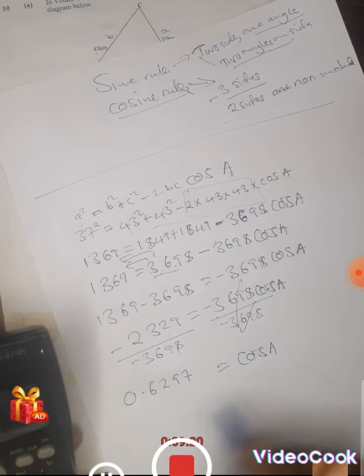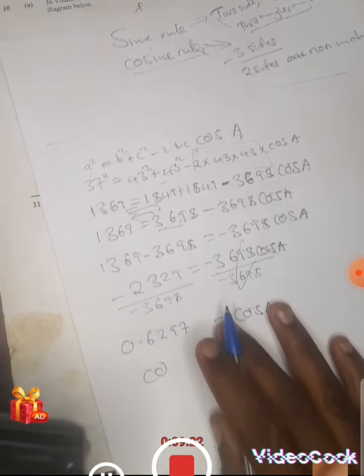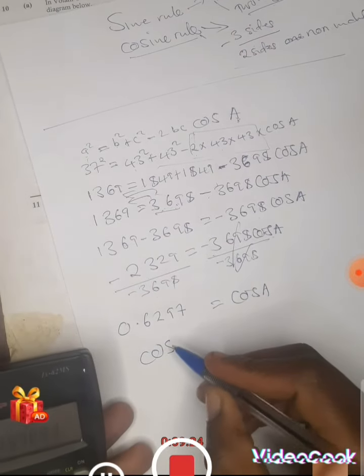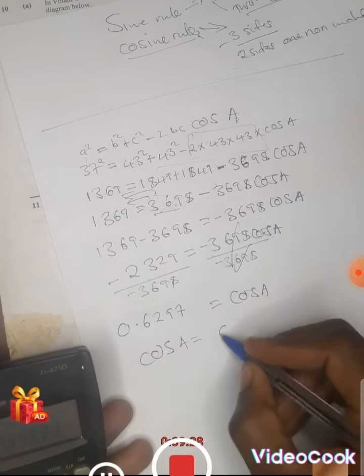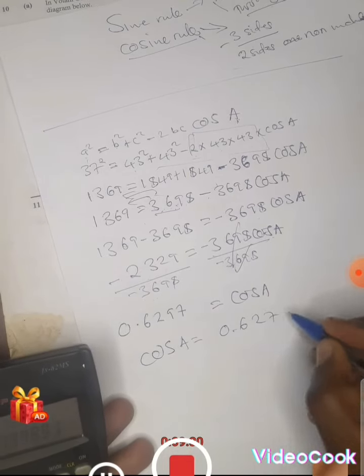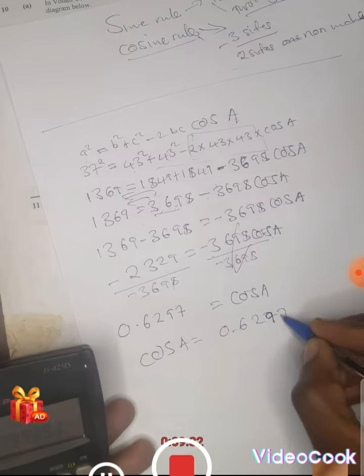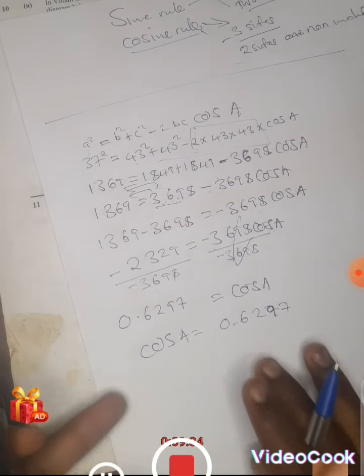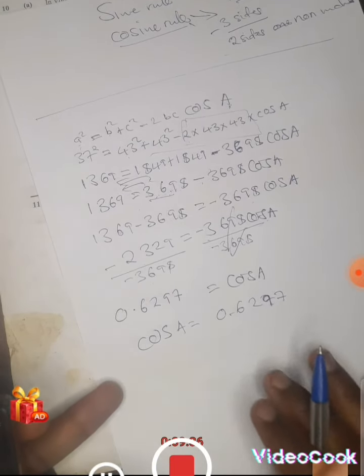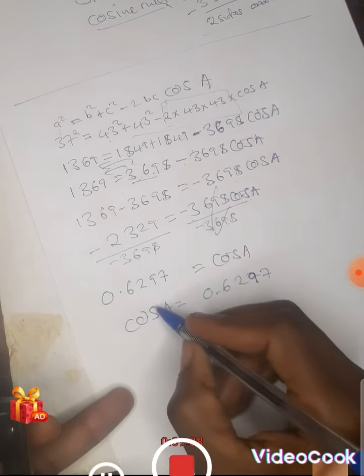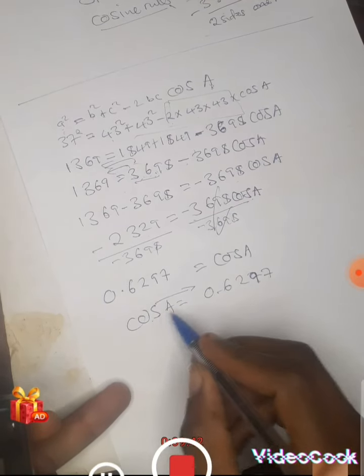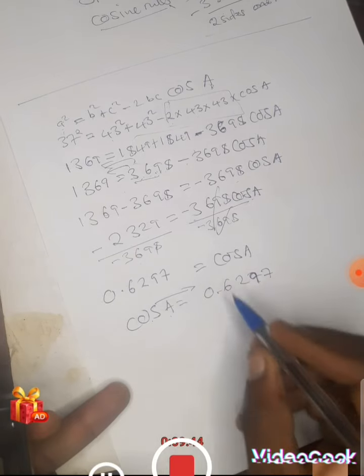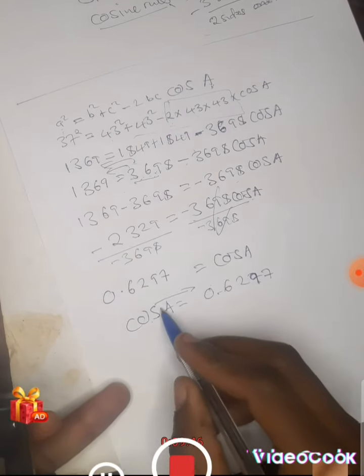So that's the same as the cos A is equals to 0.6297. Okay, then what you're going to do next is, because what we want is the angle A, not the cos A, the cos goes this side and becomes the inverse.